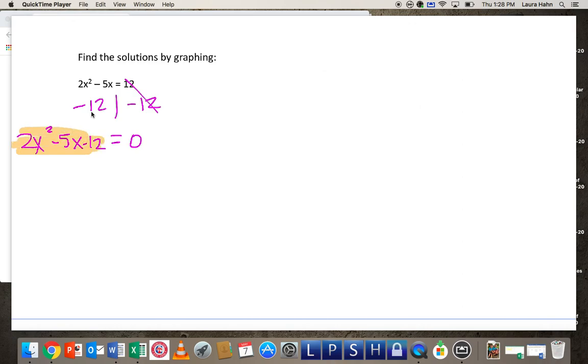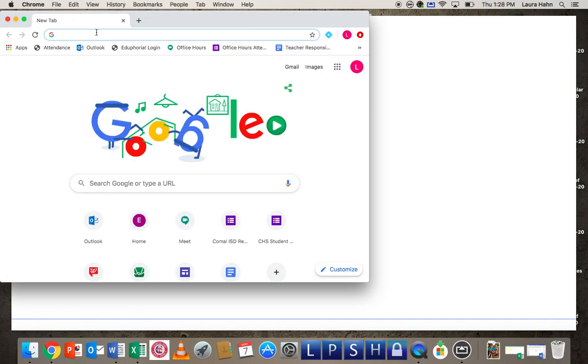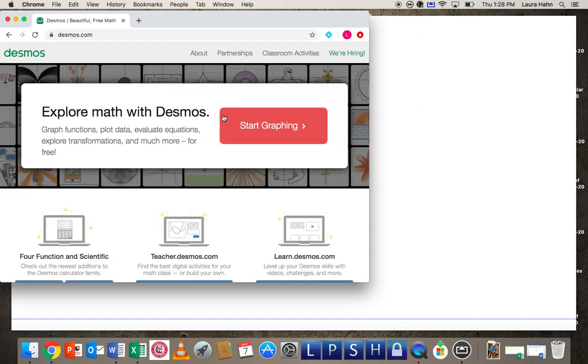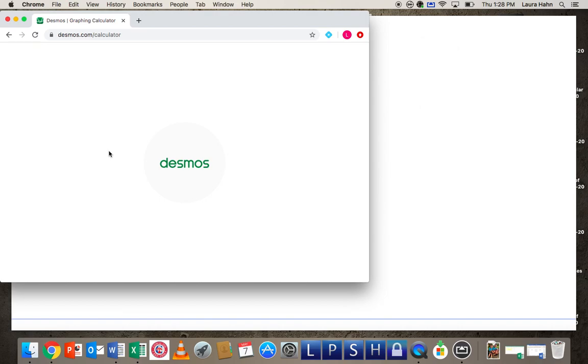Okay, so guys, I know that a lot of you didn't have the Inspire software downloaded, so I'm going to go to a website that anybody can use as long as you have access to the internet. So in my browser, I'm going to go to desmos.com and I'm going to start graphing.